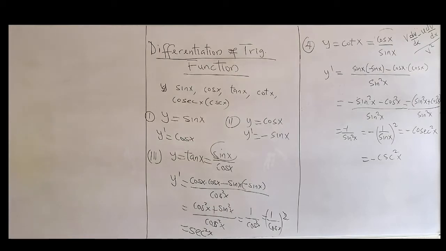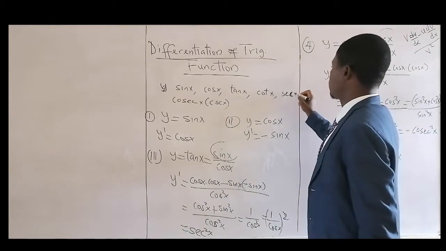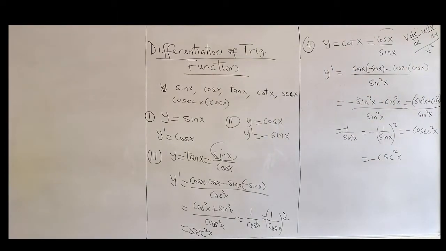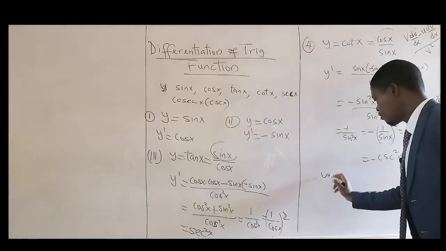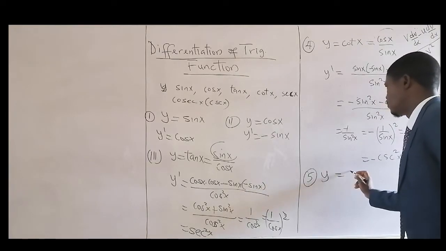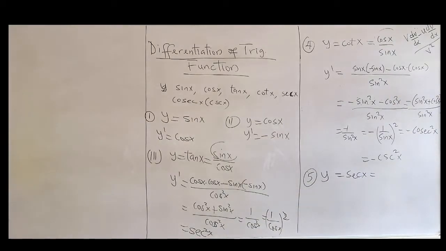Then I skipped something here. Let's quickly do the derivative of sec x. There are six of them. If y equal to sec x, and sec is 1 over cos.